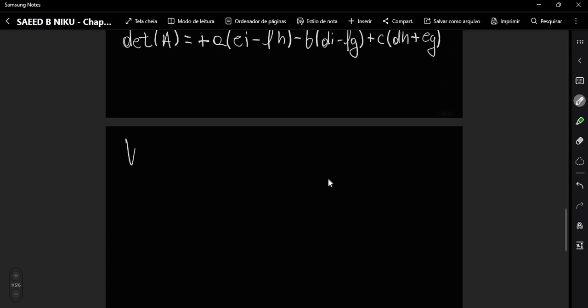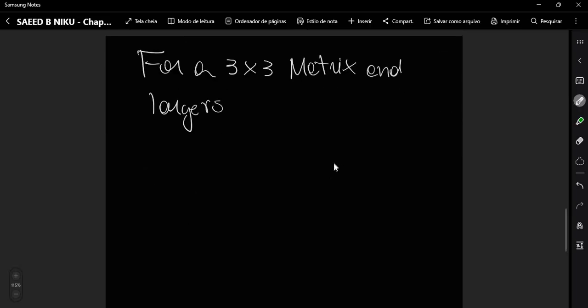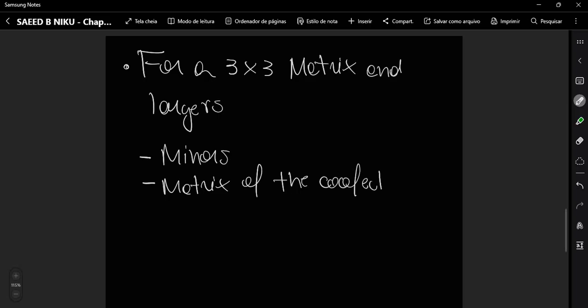When calculating the inverse for a 3 by 3 matrix or larger, we need to find the minors, we need to find the matrix of the cofactors, and we need to find the adjoint matrix. And we will do all this step by step.